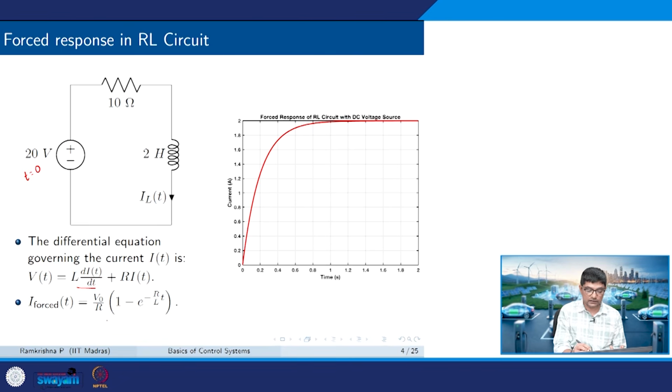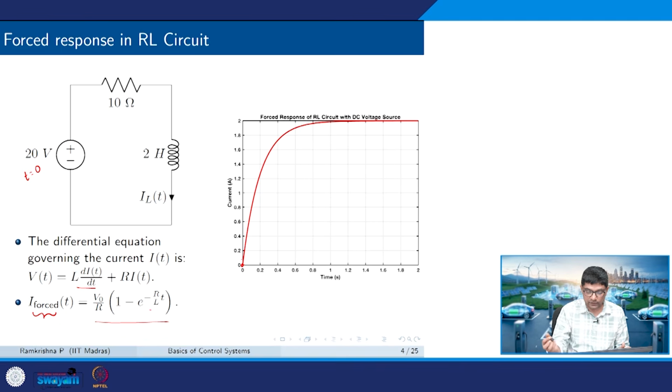And if I solve this, this has the form of I forced. The reason I use forced here is that I am pumping it through an external source. There is an external voltage source, right? And at t equal to 0, I solve this, the exponential term becomes 1, the current is 0, therefore the speed is 0.